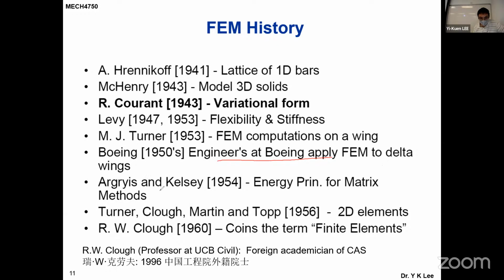Of course, some very famous researchers and professors gradually improved it, in particular Professor R. W. Clough, who is one of the quite famous researchers who improved the FEM method for practical engineering.